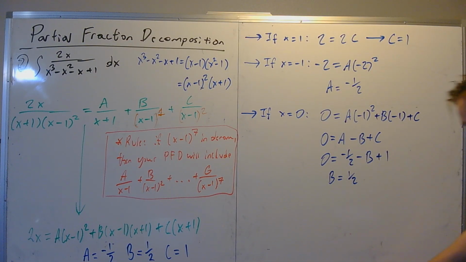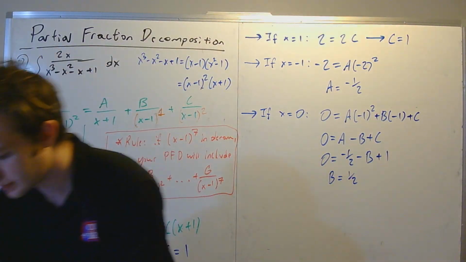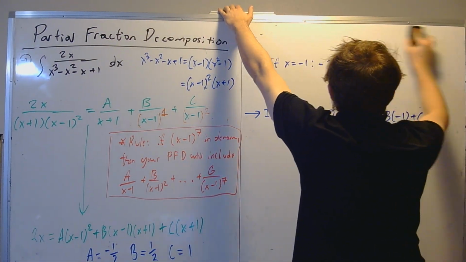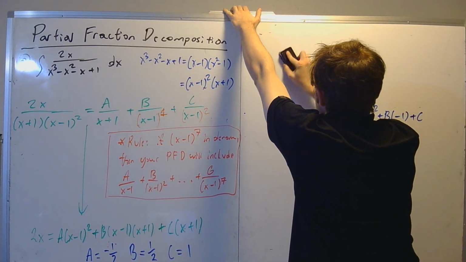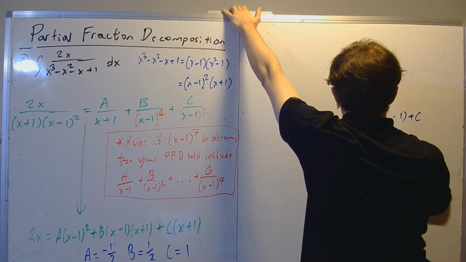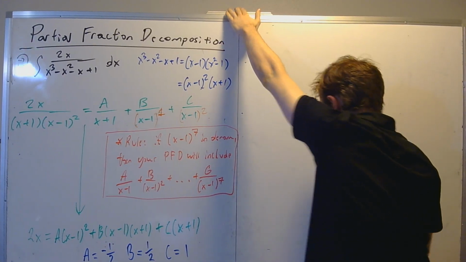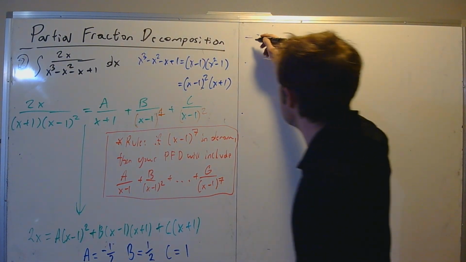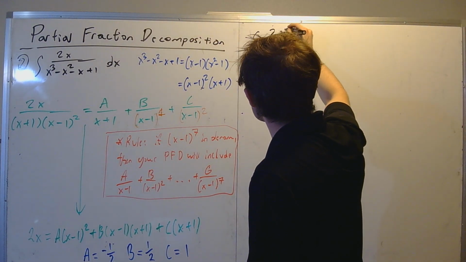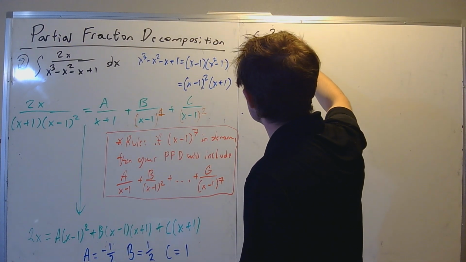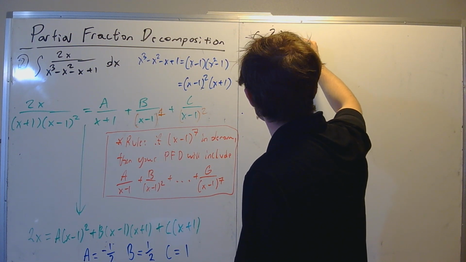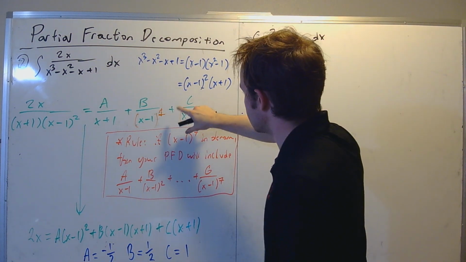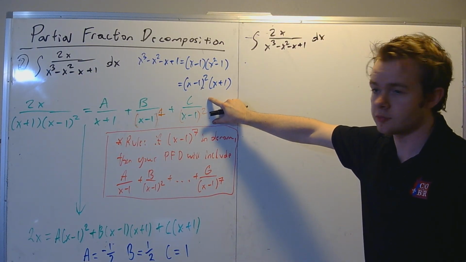Now I'm going to erase that so that we can do the rest of the problem. So we just figured out what A, B, and C are. We know that the integral of 2x over x cubed minus x squared minus x plus 1 dx is actually equal to this sum of fractions.